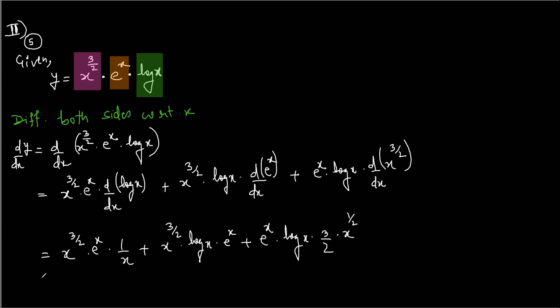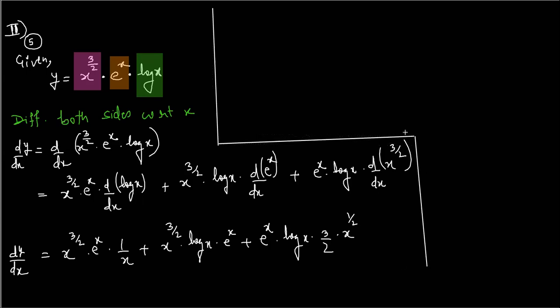So here, once again, the next step would be dy by dx equals, see, this is 1 upon x and this is x raised to 3 by 2.